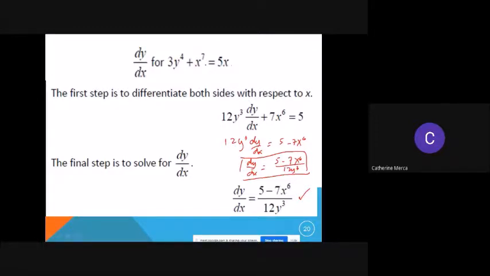So you have 7x to the 6 lang. 3 times 4y cubed, ikuha ng derivative. dy dx plus 7x to the 6, correct? dx, with respect to x man, dx equals 5 dx. So, this one, dx is 1, dx is 1, so dy dx man siya. I have this.